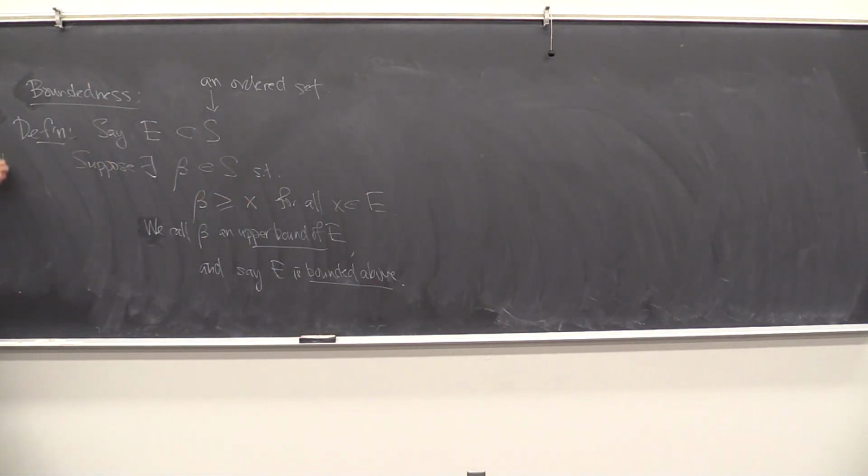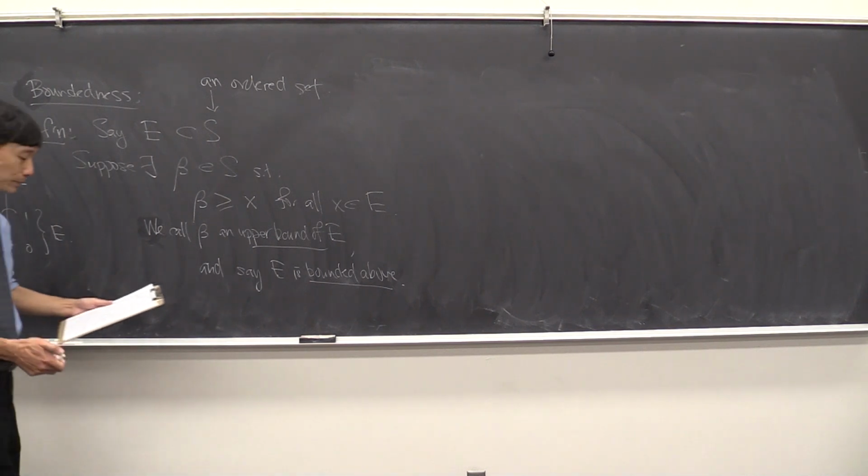If you're in the real numbers and you have some set, like the interval 0, 1, then 2 is an upper bound to every element. Suppose this is our set E. Then 2 is bigger than everything in E, and so we say that E is bounded above, and 2 is an upper bound.